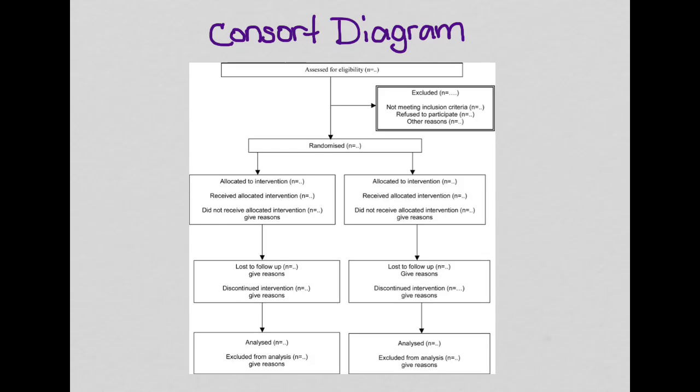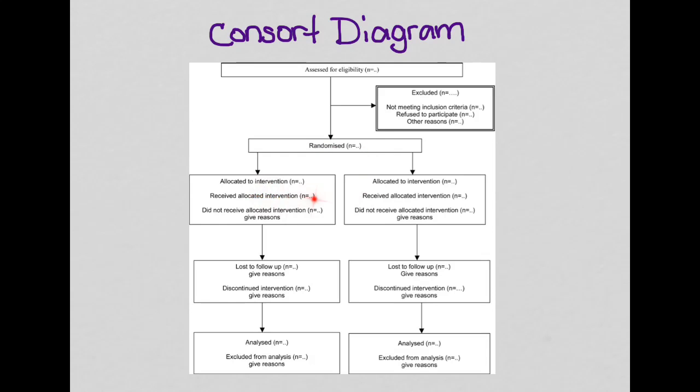And so if you submit a paper that describes a trial, you have to include all of this information. And the reason is that this tells you the extent to which you have some kind of selection bias in your sample.